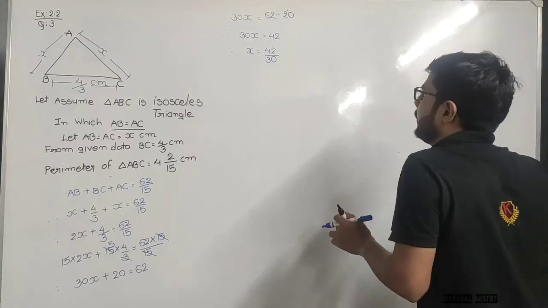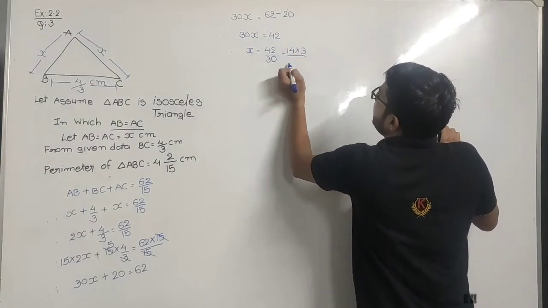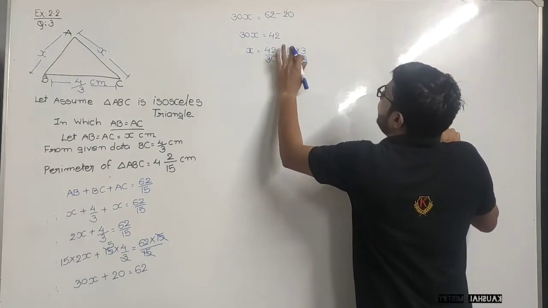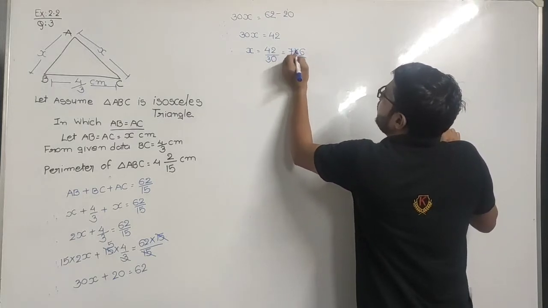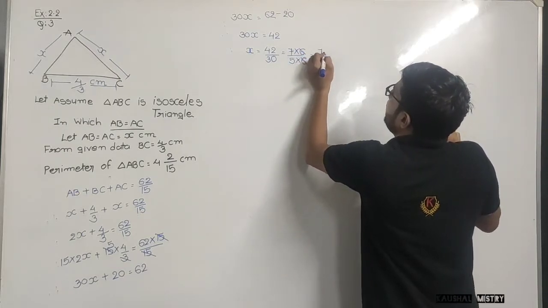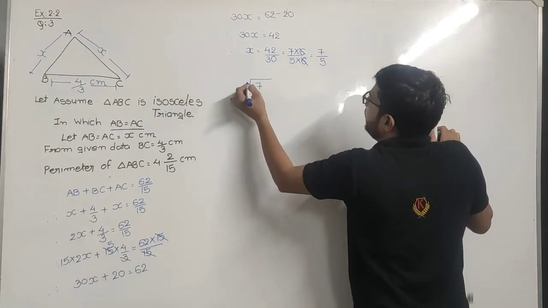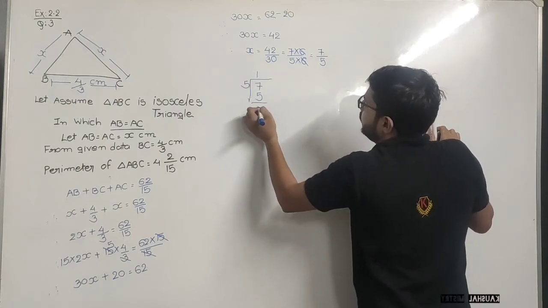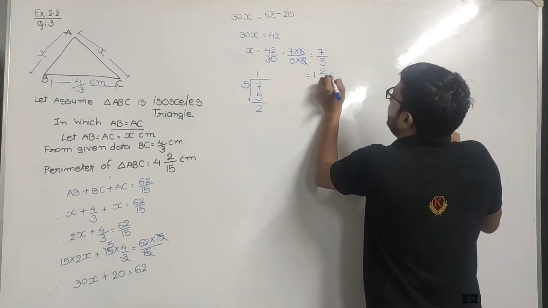Right? Now we know that this will be 14 3s and this will be 10 3s, or we can definitely write 7 multiplied by 6 and 5 6s. So this will get cancelled. So the answer will be 7 by 5. And if we write it as a mixed fraction, that is 7 divided by 5, 5 1s are 5, remainder 2. So the answer will be 1 complete 2 upon 5 centimeter.